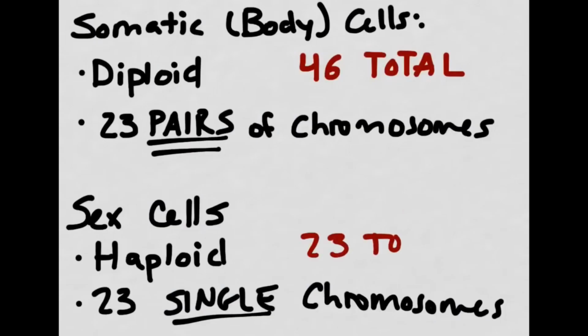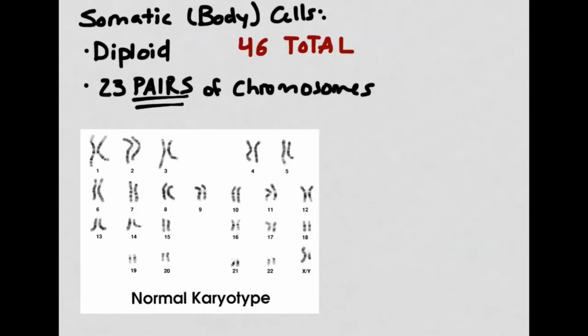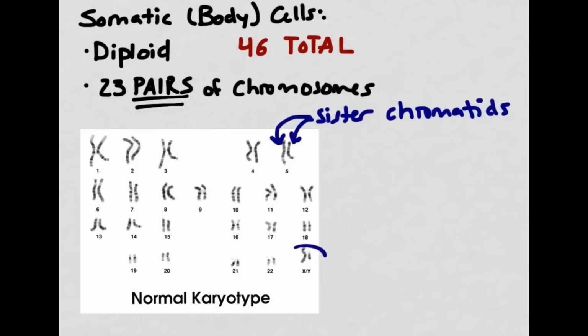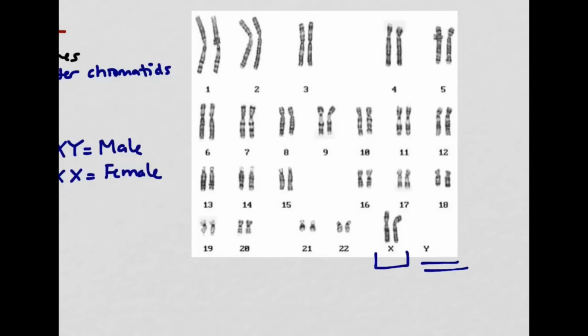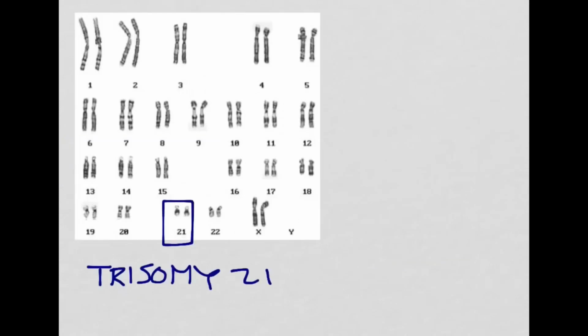Inherited disorders can arise when chromosomes behave abnormally during meiosis. Chromosome disorders can be divided into two categories: abnormalities in chromosome number and chromosome structure rearrangements.